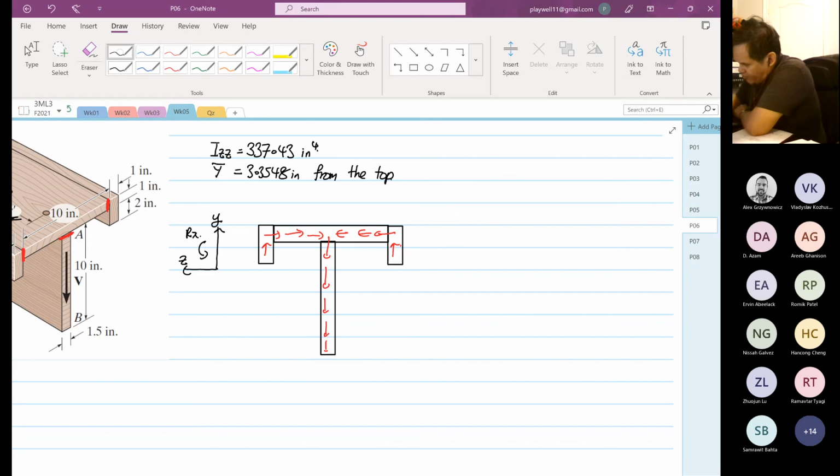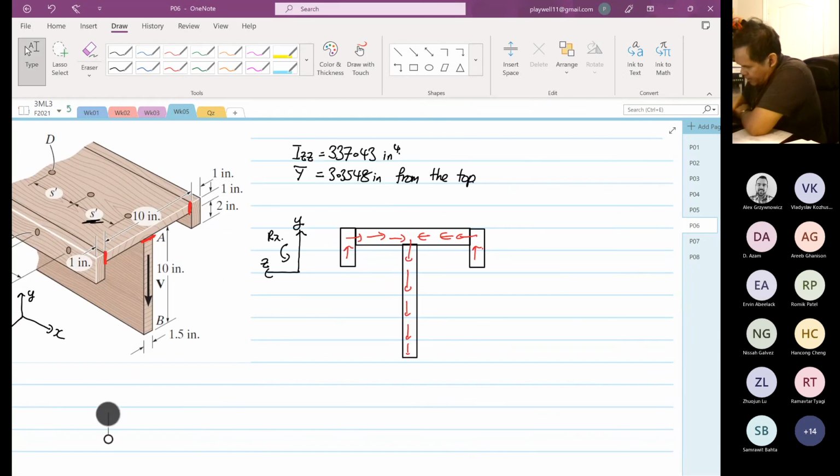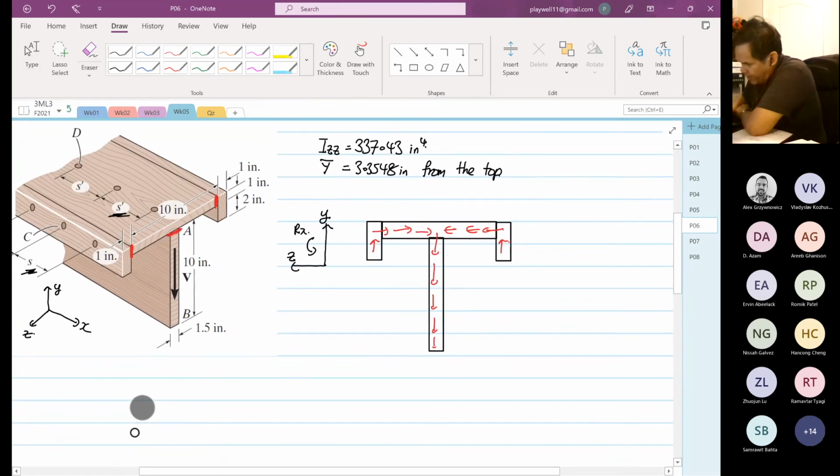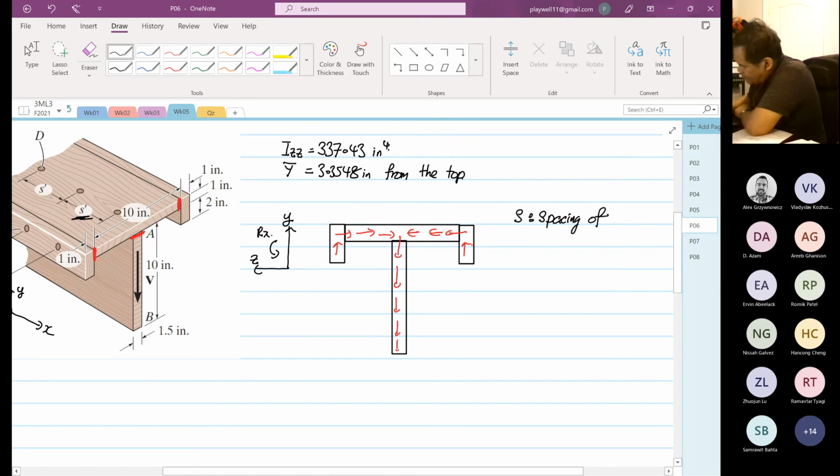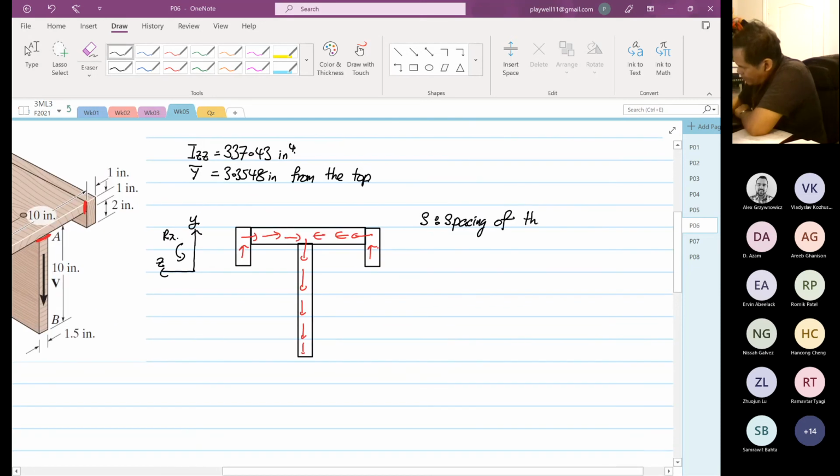So now we're going to focus on S, the spacing of the horizontal nails.